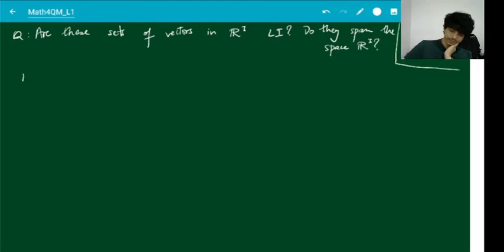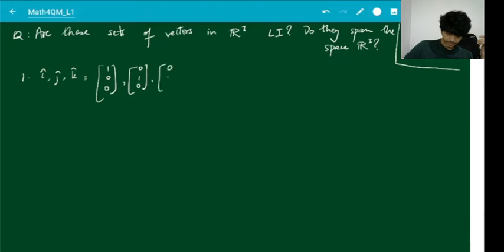So let's take the first set, just ijk, but we are going to use the column vector notation. So i is just 1, 0, 0 because the i component of i is 1 and the j and k components of i are 0. Similarly, j is 0, 1, 0 and k is 0, 0, 1.